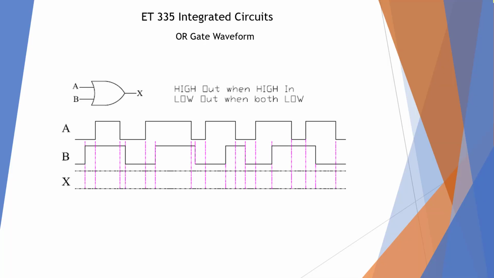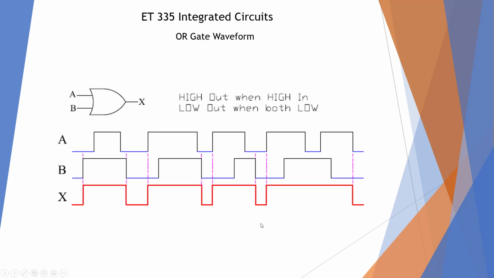Now for our OR gate, we're going to highlight wherever it's 0. Now we're going to change pen colors, and we're going to figure out where they match.